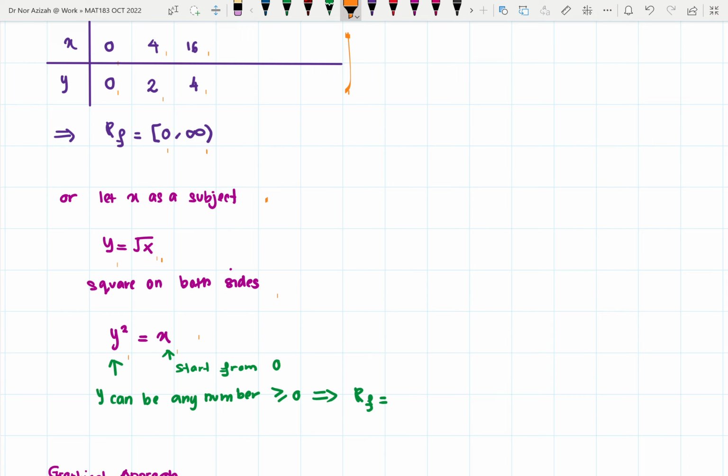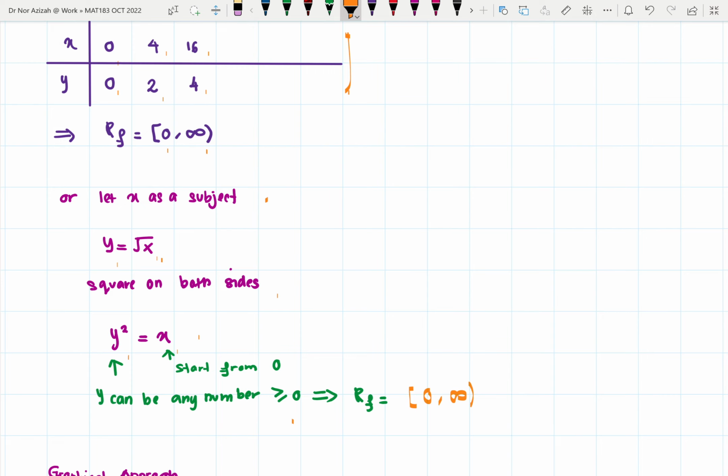Okay, so you should know what the value for y is. The smallest number for x is 0, so it can start from 0, and 0 squared is 0. Therefore, y can be any number that is greater than or equal to 0. So the range of f is from 0 until infinity.